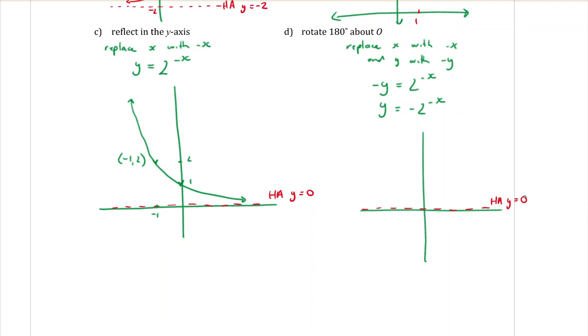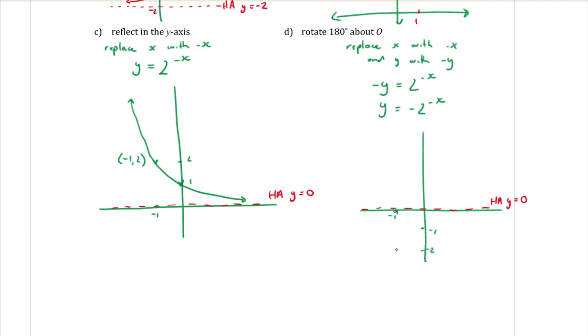So the first reflection would have been the one that I did in part C, but then it's going to be reflected down. So it's going to be steep down the bottom left-hand quadrant and come shallow up the other side. Where's the y-intercept? -1. Sub in a value just to show the steepness. So at -1, I have 2 to the power of -1, so 2 to the positive 1, which is 2, but then with a minus sign in front of it, it will be down at -2.